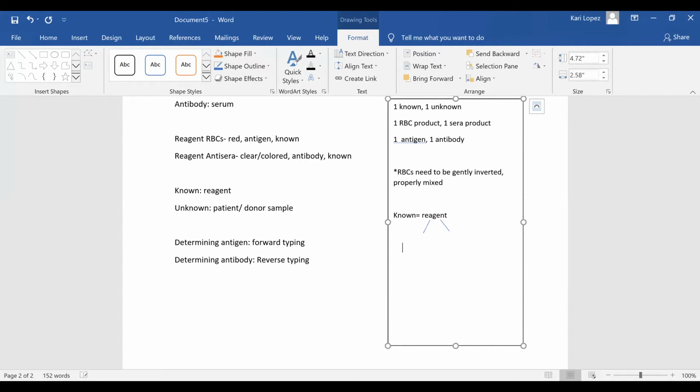Okay, so your known reagent is going to be either your red blood cells, antigen, or your anti-sera, like your anti-A and B, which are colored yellow and blue. It's going to be your antibody.